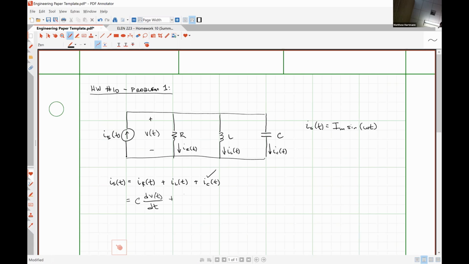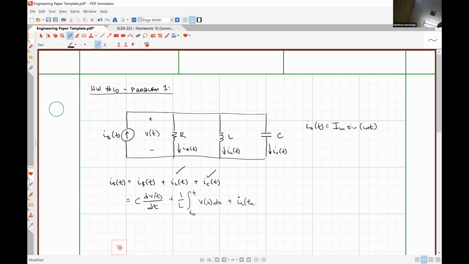It's 1 over L times the integral of the voltage from t naught to t of V of x dx, where x is just a dummy variable representing time, plus some initial condition on the capacitor current, or excuse me, inductor current. So that takes care of our inductor.